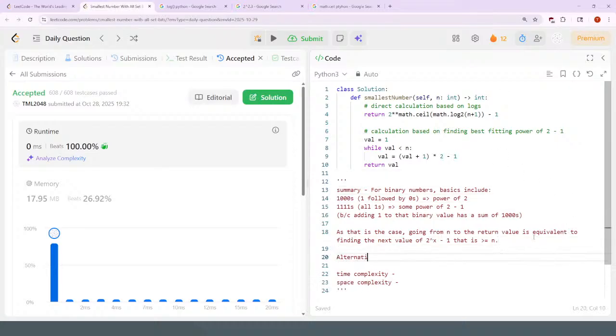So alternatively, we can directly calculate the return value based on logarithmic expressions.